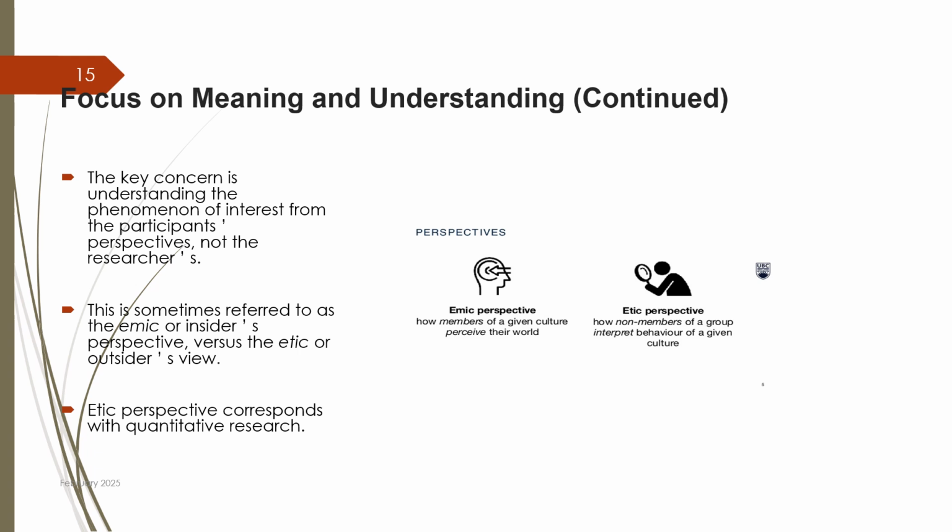So in this context, you need to be familiar with the emic perspective, as we explained in this slide, and the etic perspective. You need to differentiate between them and know which one corresponds to quantitative research and which one corresponds with qualitative research. Again, emic perspective corresponds with qualitative research, while etic perspective corresponds with quantitative research.